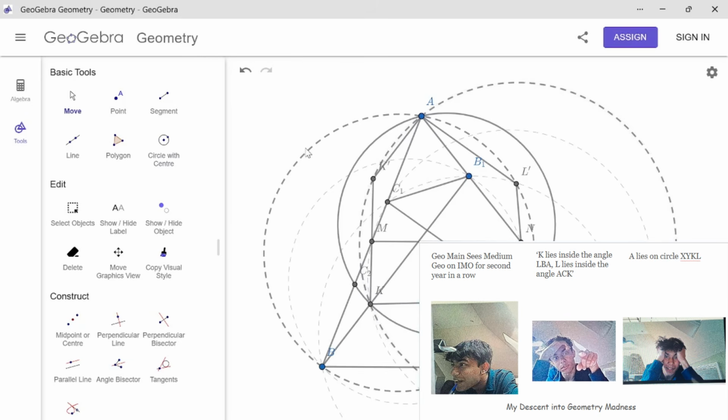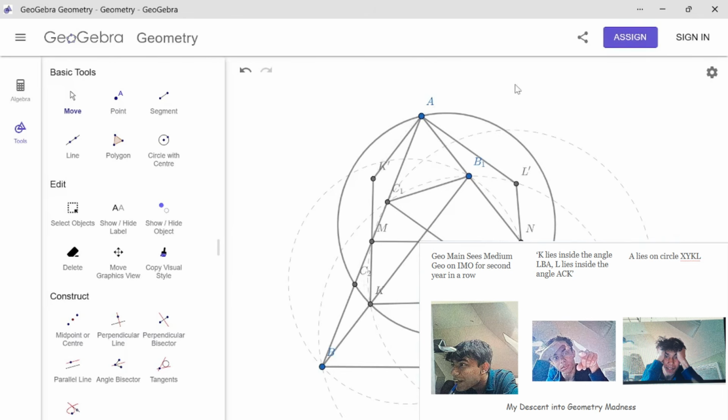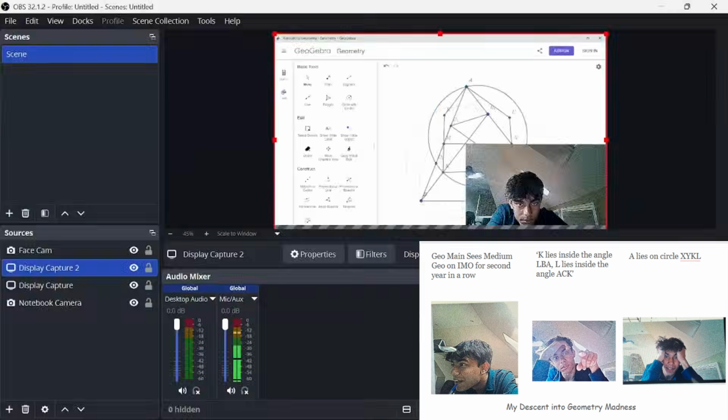Okay, this is kind of messy already. Yeah, let's get rid of this. Okay, this is looking fine.